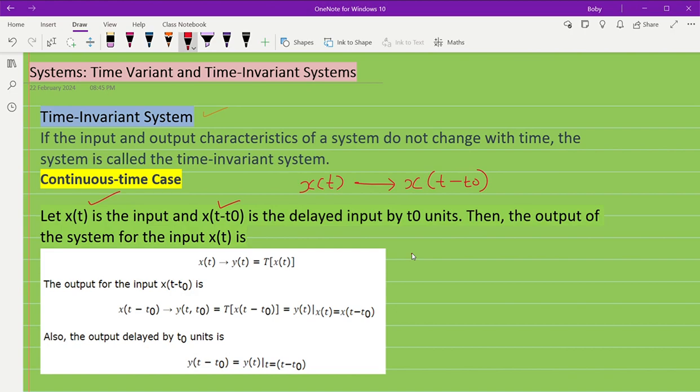Normally we represent y of t as a transformation of x of t.